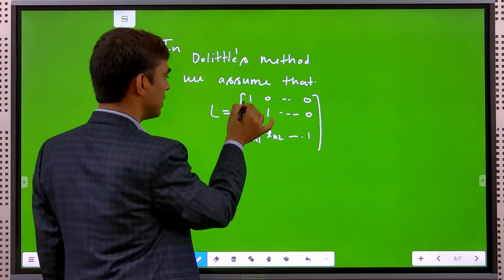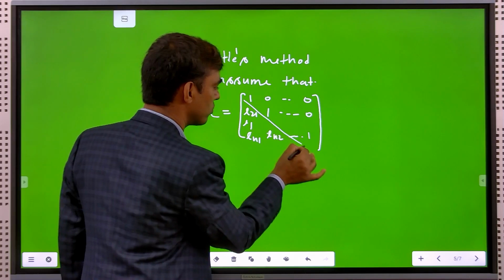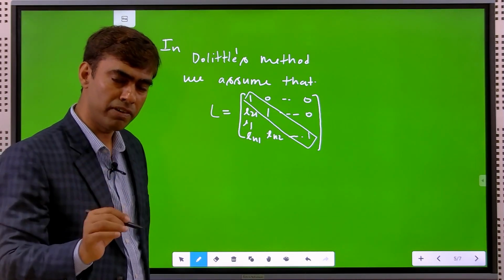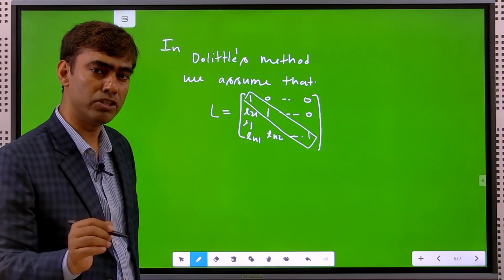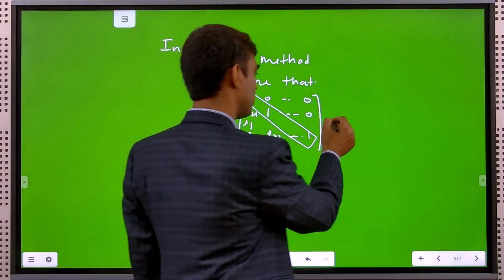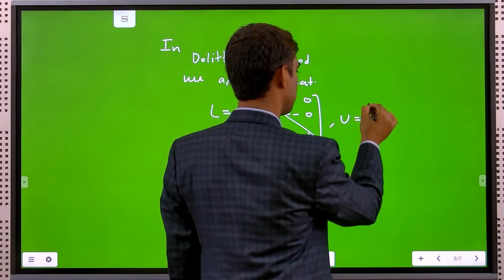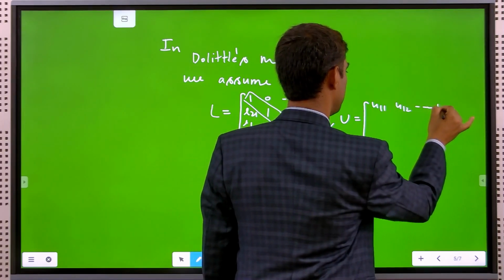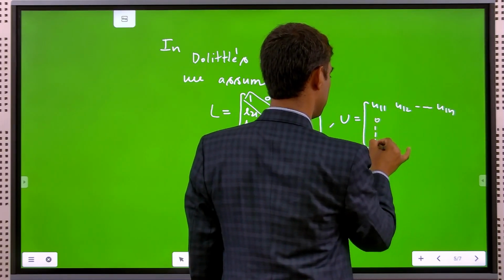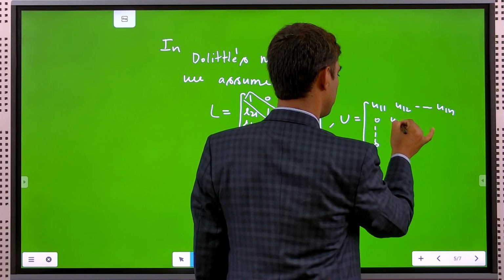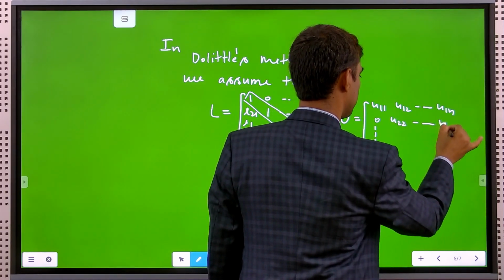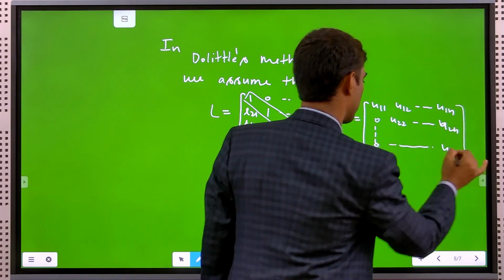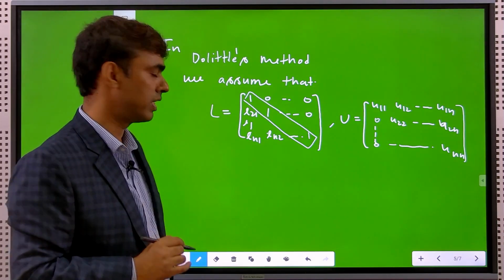If we concentrate on the diagonal elements in the Doolittle method, these diagonal elements become 1. So the number of unknowns reduces from n square plus n to n square, and U is as usual: u11, u12 up to u1n, then 0 u22 up to u2n, and the last one is unn. So now the number of unknowns becomes n square.